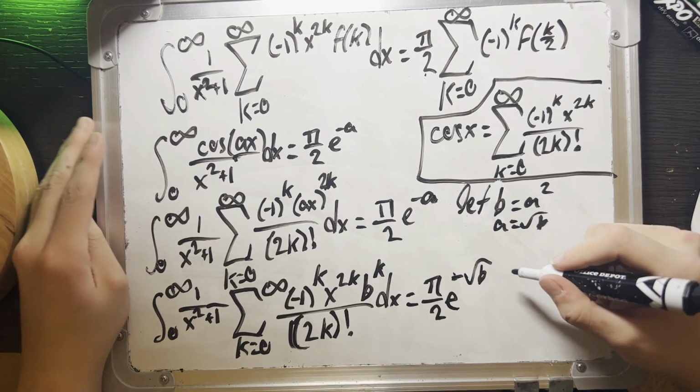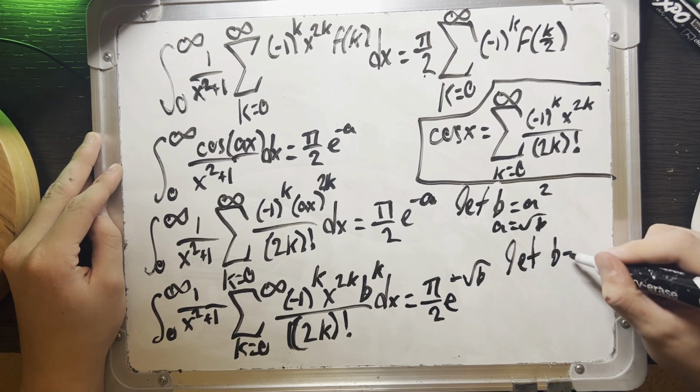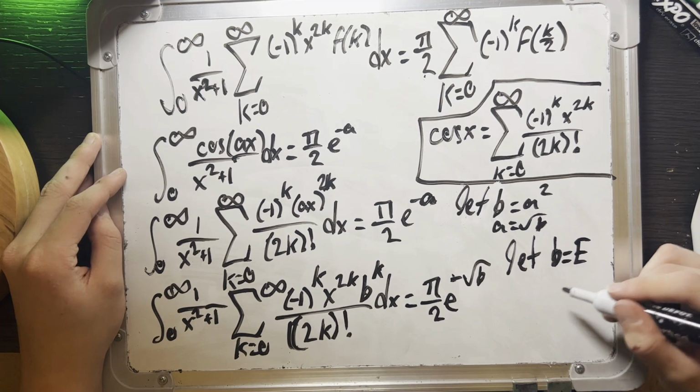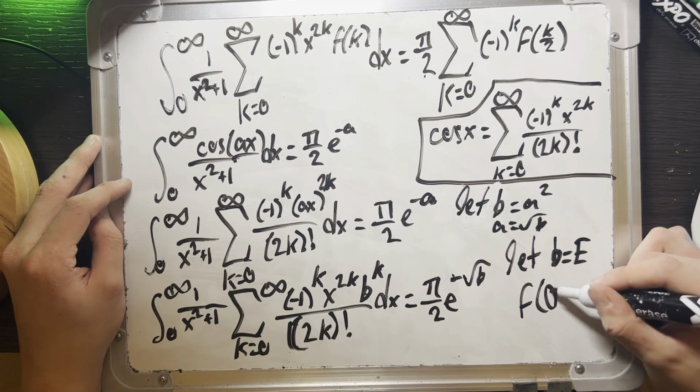Now we're going to let b be our e, that's going to turn into our big E. Then we're going to multiply both sides of the equation by a new arbitrary function of 0.